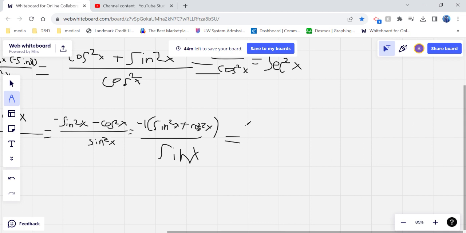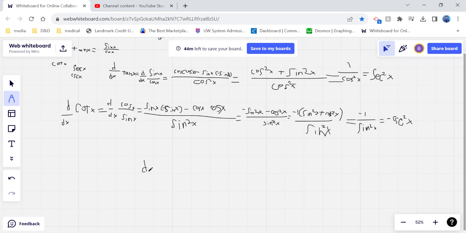I believe that's called some kind of Pythagorean identity. I'm not really sure with the names. So we're left with negative 1 over sine squared of x, or the negative of the inverse of sine of x squared. So that equals negative cosecant squared of x.